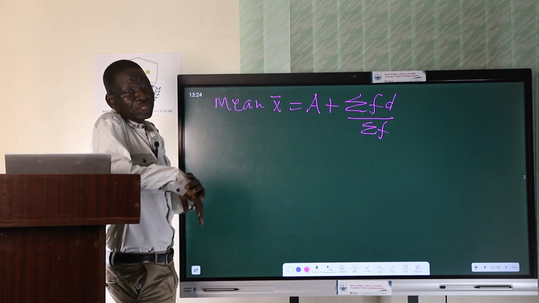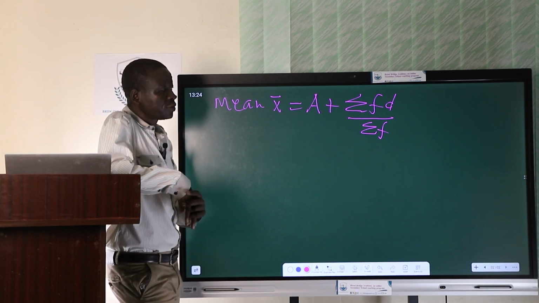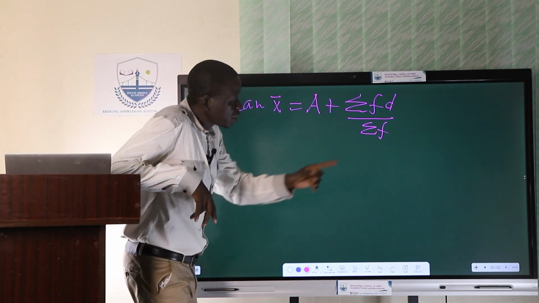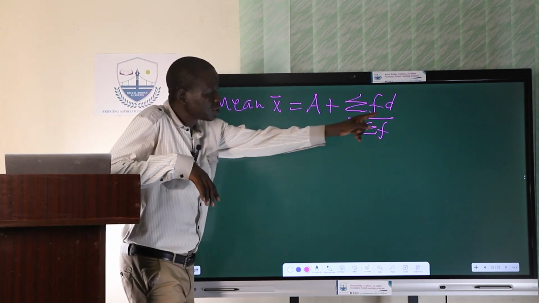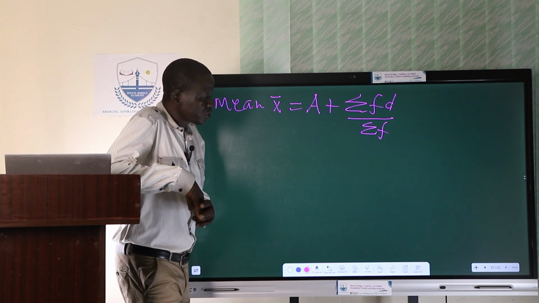Then A stands for the assumed mean, F stands for the frequency, and D for the deviations.